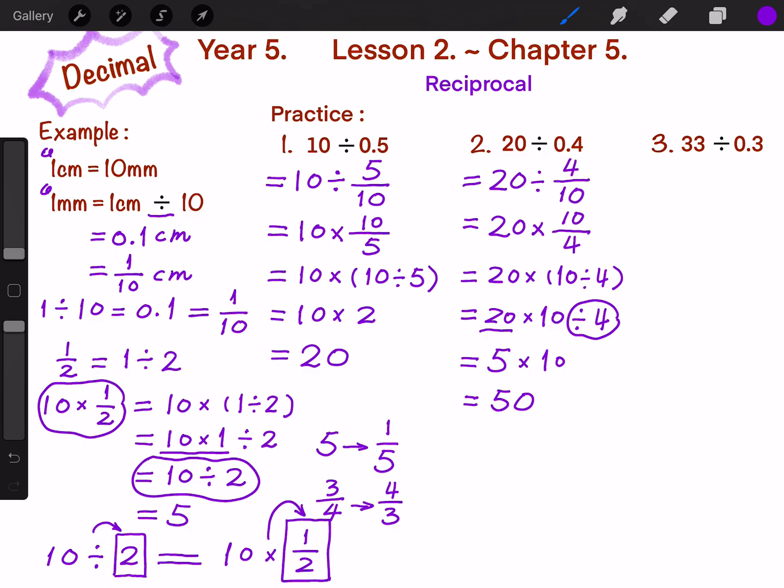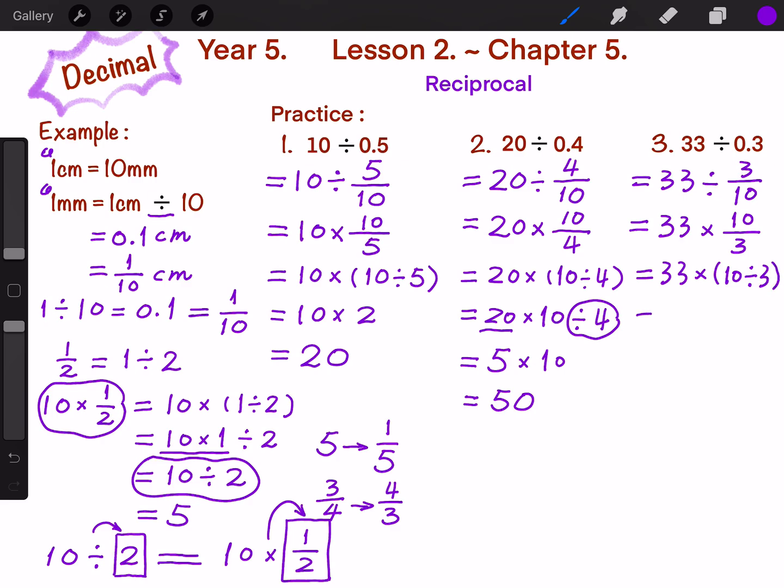Question 3. 33 divided by 0.3. 33 divided by 3/10 and then divided by a number equals times its reciprocal, 10/3. And then we can get 33 times 10 divided by 3 in brackets.